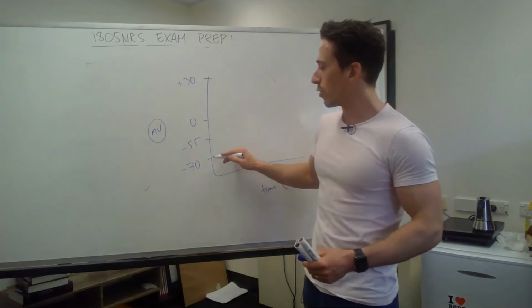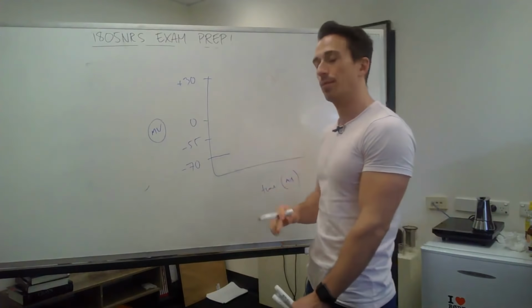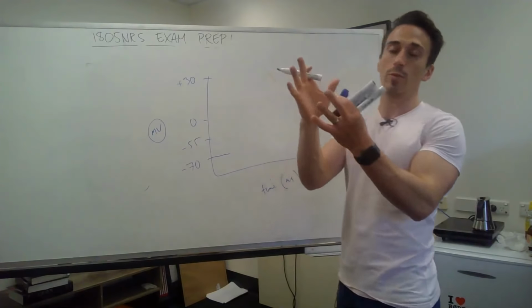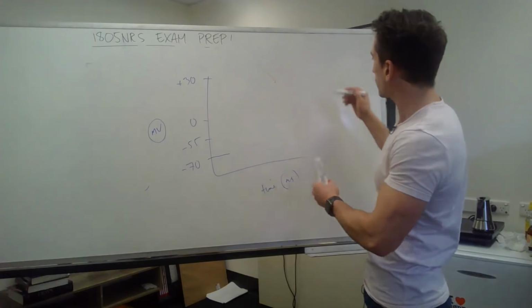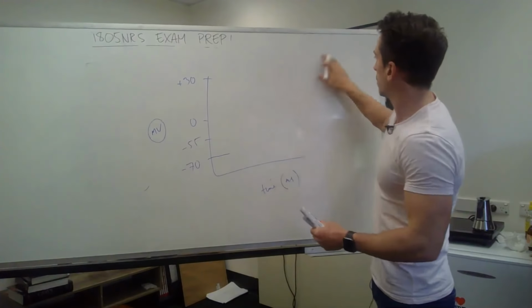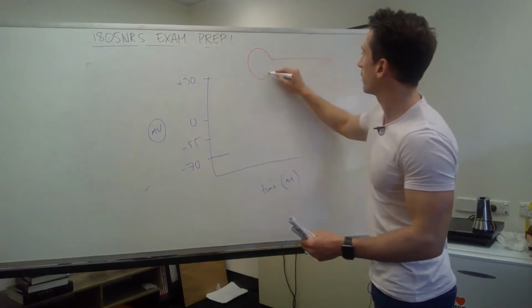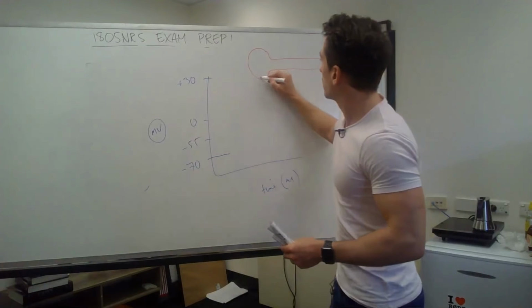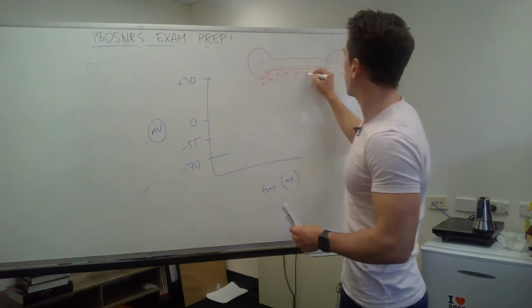Now we know that in a neuron, the resting membrane potential is going to be sitting at around -70 until it starts to get stimulated. When it's stimulated, channels open up. Let's put a neuron here. At rest, it's negatively charged inside the cell compared to outside the cell where it's positively charged.